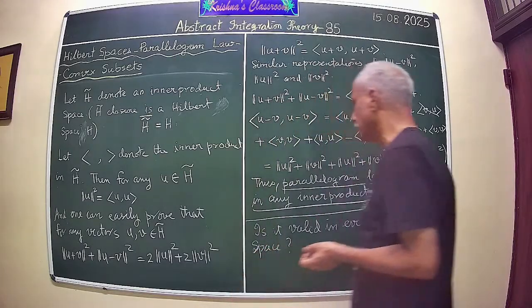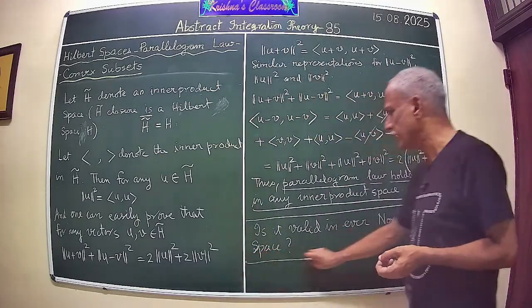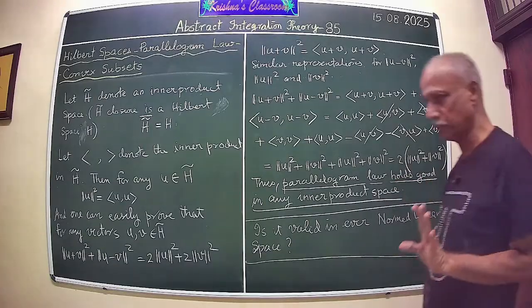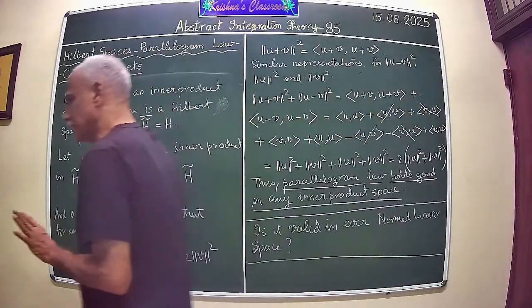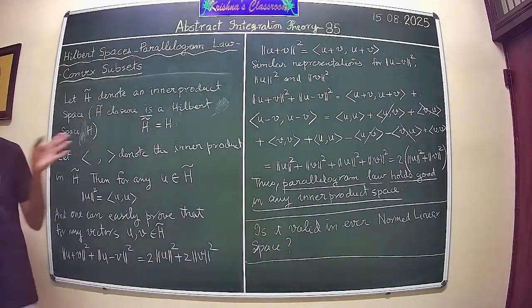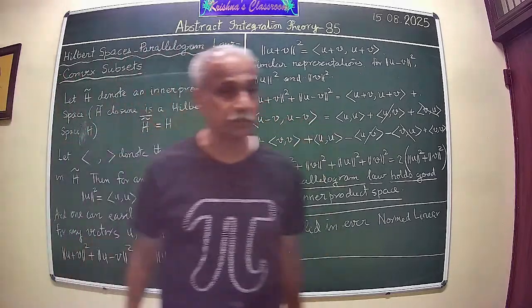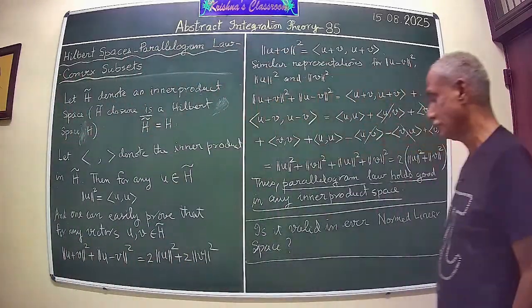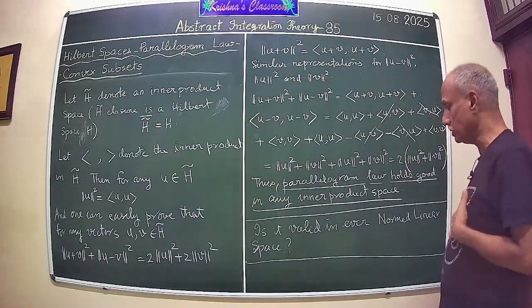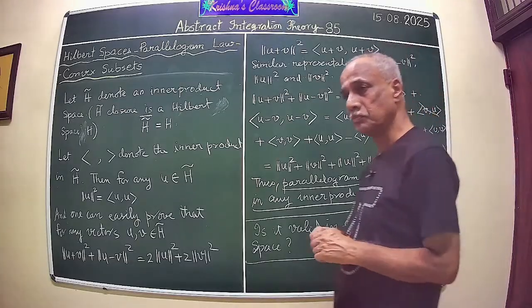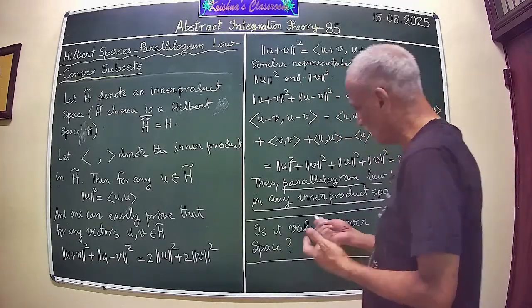This is the question that you ask. If it is so, then it has nothing to do with inner product. Otherwise, it has something to do with inner product, although we have used the inner product to prove this result. Okay, so that's the question that we ask. Right? We'll take an example.